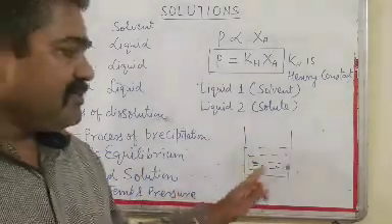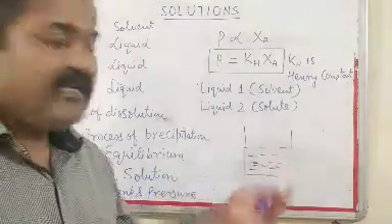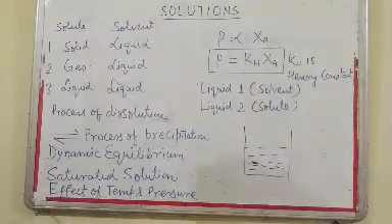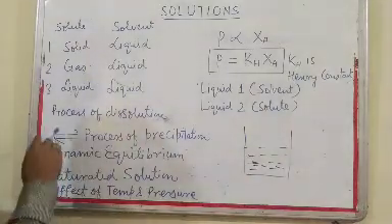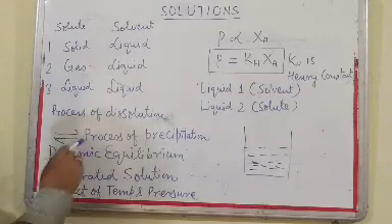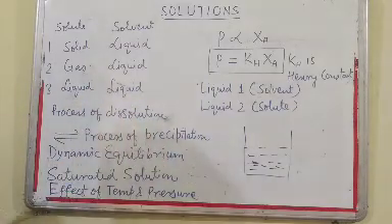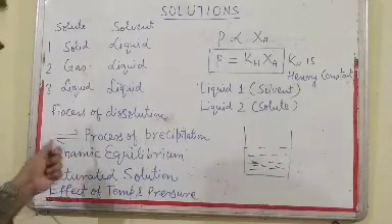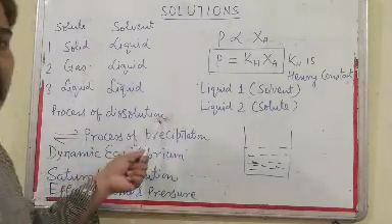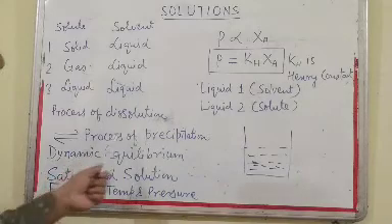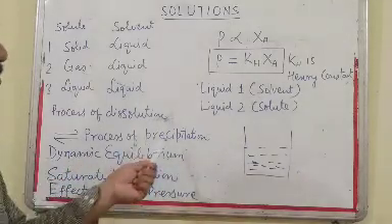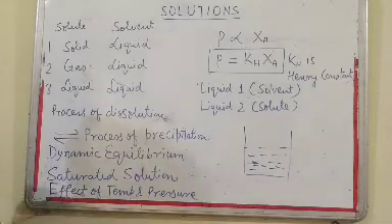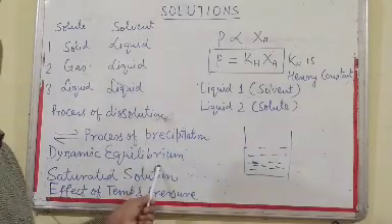This time there is no visible change in the solution, but both processes, the process of dissolution and the process of precipitation, proceed with the same rate. This state is called the state of dynamic equilibrium.